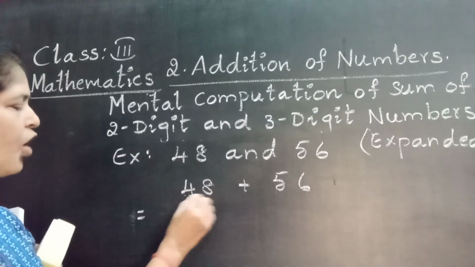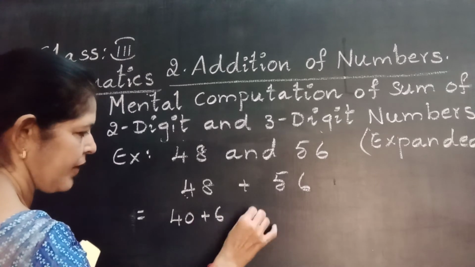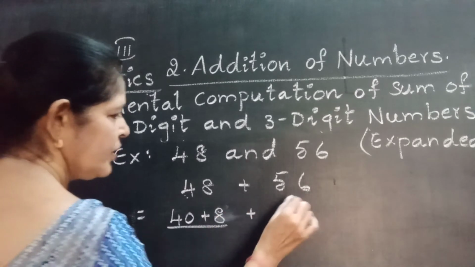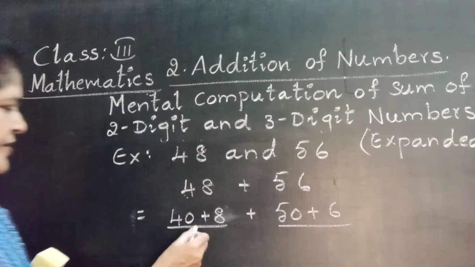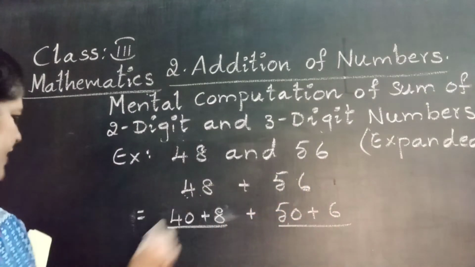That means 48 means 40 plus 8, and 56 means 50 plus 6. This is the expanded form of 48. This is the expanded form of 56.